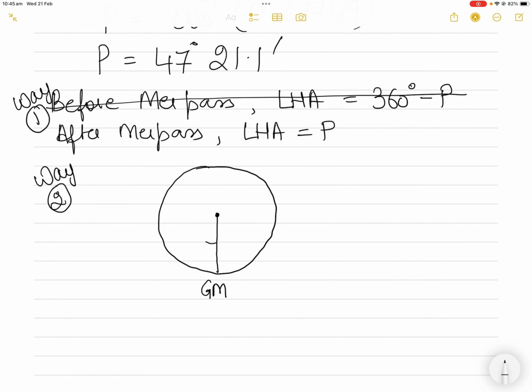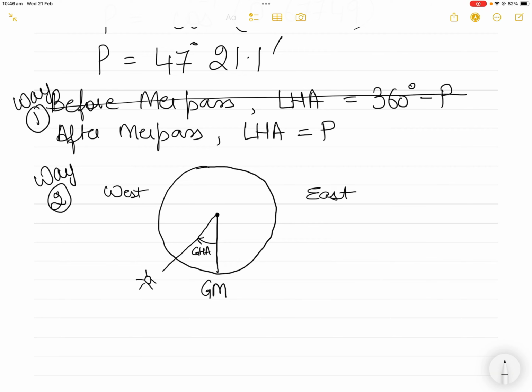If I go westward, I have to go to my left, this way. This is westward and this is eastward. So approximately this is where the sun is. This is the GHA of the sun, 47 degrees 25.2 minutes.